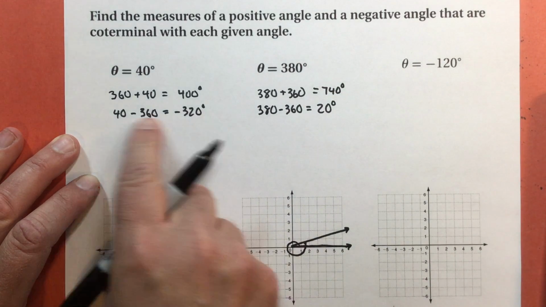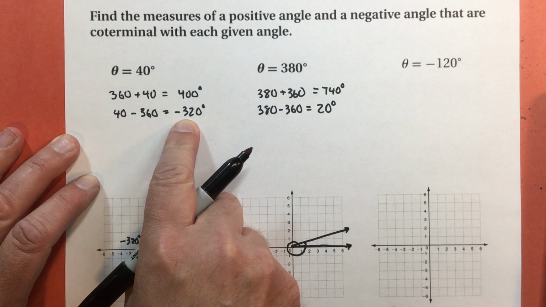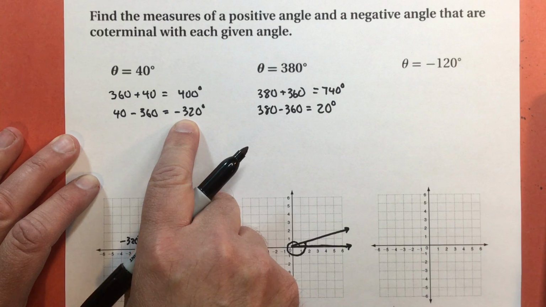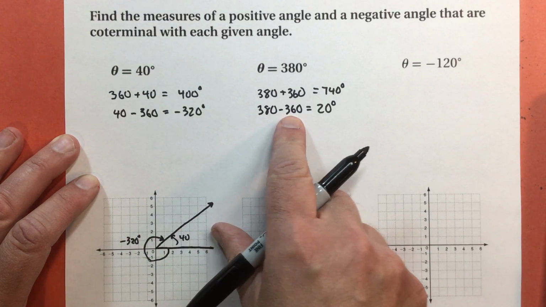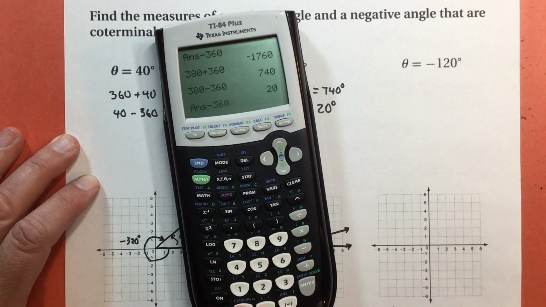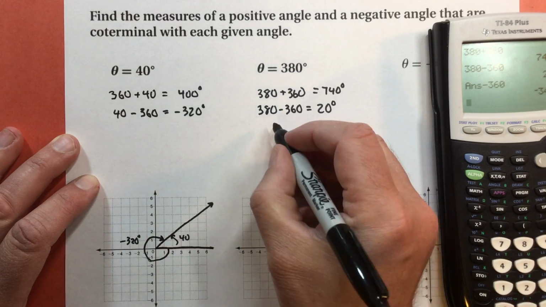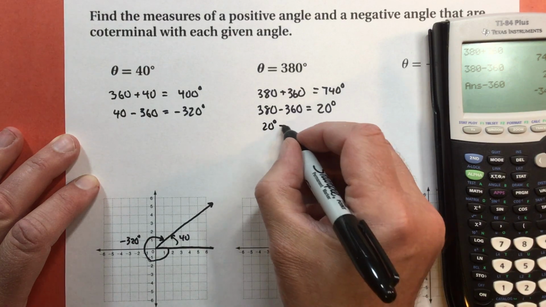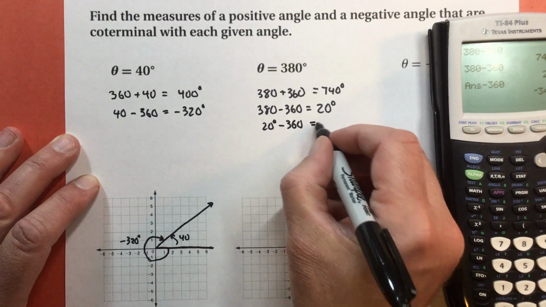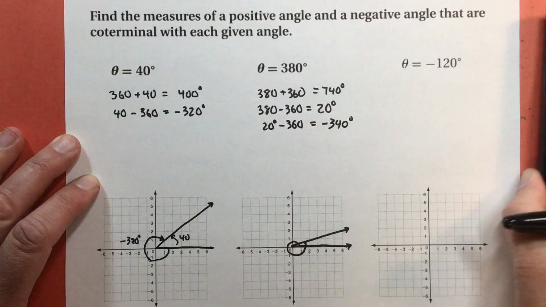Last time when I had 40 subtract 360, I had a negative angle of rotation as my answer. But when I subtract here, I'm still positive. So I'm just going to do it again. Subtract 360 again. So another one, if I did 20 degrees, subtract 360, I'm going to get negative 340 degrees.